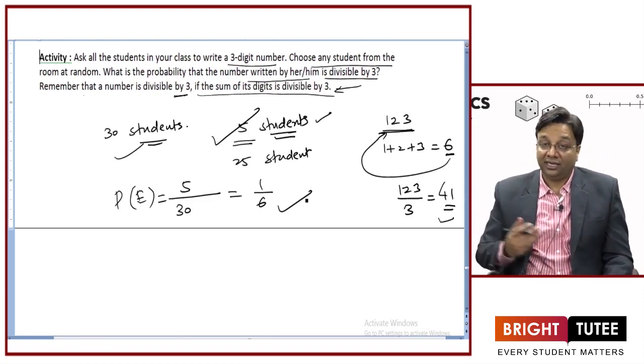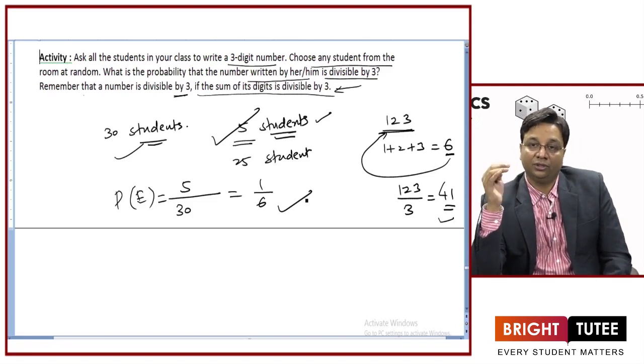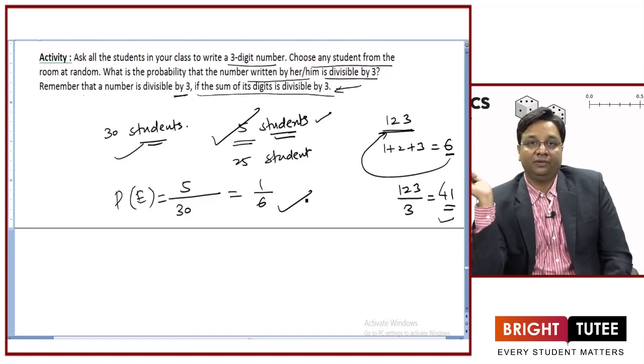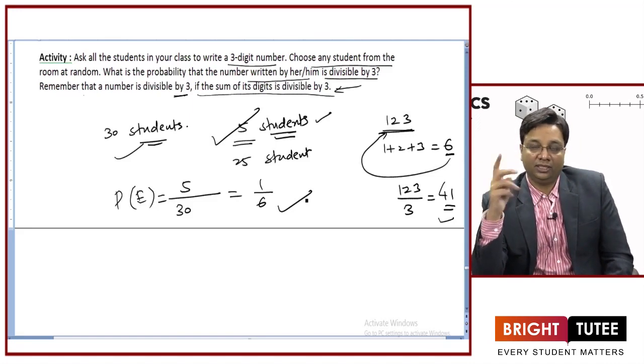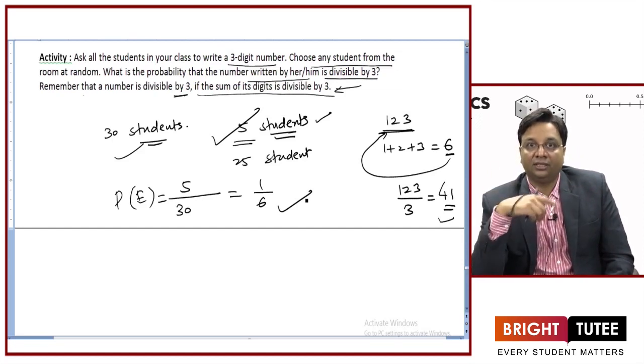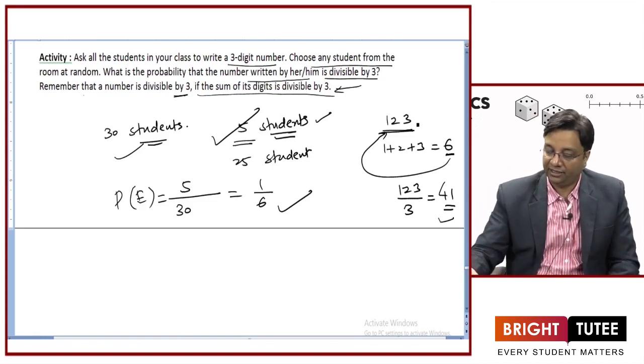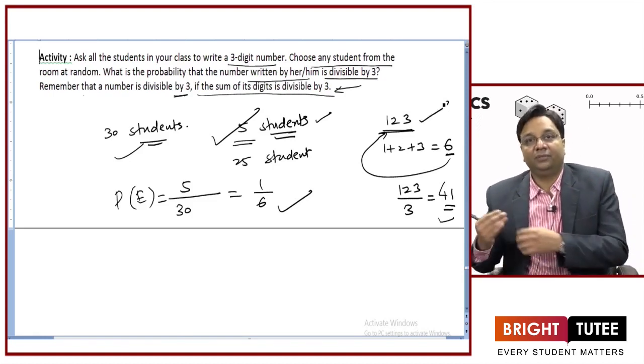Now, this is an activity. There may be more than 30 students in your class. So, you do it in your class under the supervision of your teacher: every student writes a 3-digit number on the board, and then out of these numbers you calculate how many are divisible by 3. How will you do that? By adding the digits of the 3-digit numbers, like I did here, and seeing whether the sum is divisible by 3.